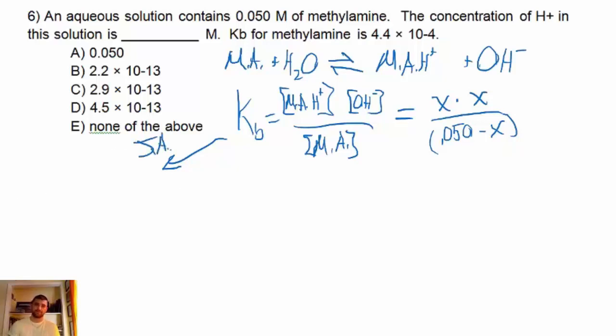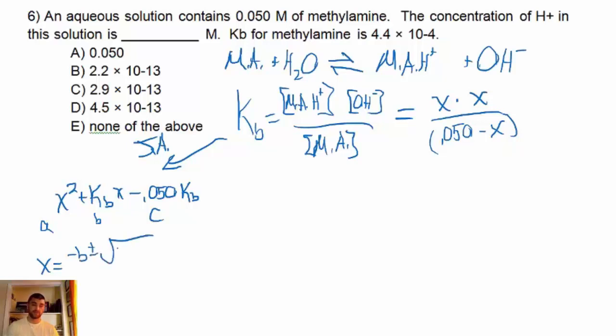It's just algebra. So I'm going to get x squared plus Kb x minus 0.050 Kb. And I know what Kb is, so I can plug in the numbers and get my a, my b, and my c values so that I can plug it into my quadratic equation.